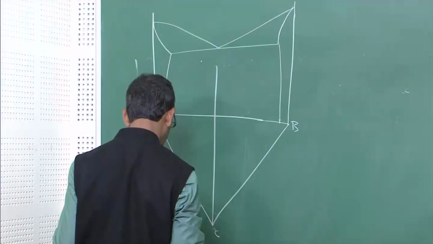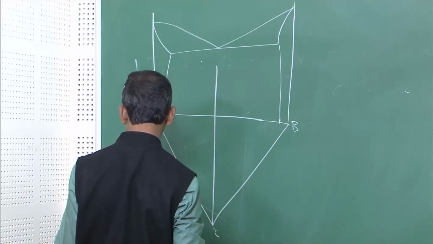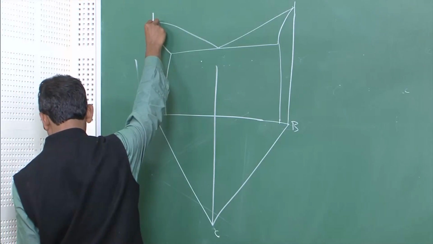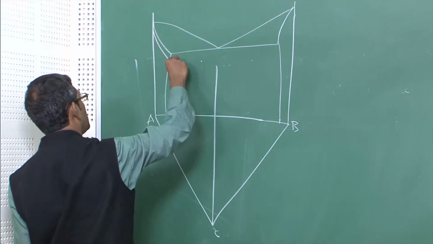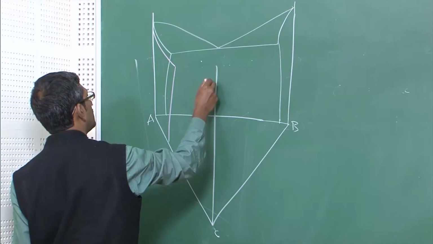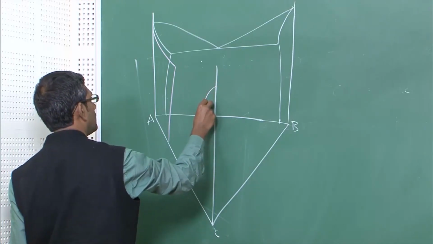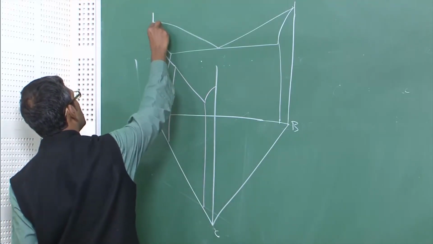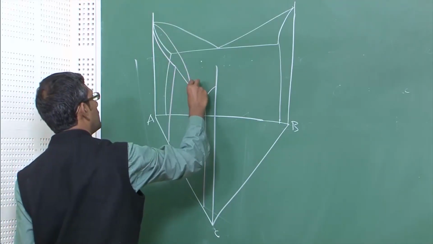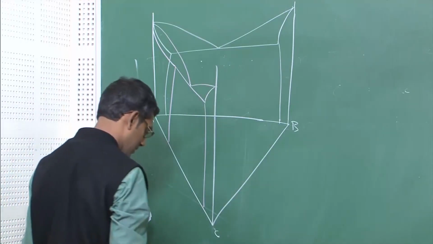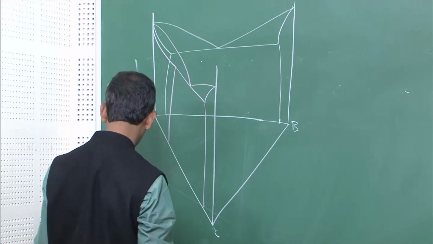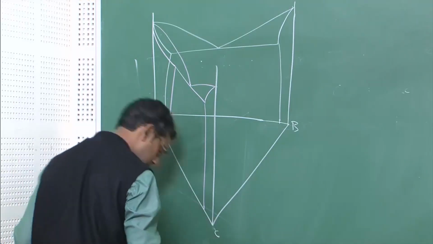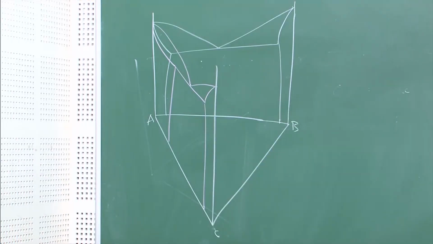The second eutectic is between A and C. Again, this is going to come down. Like this, and the third one between B and C will be a little different.